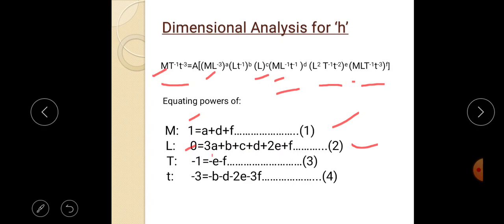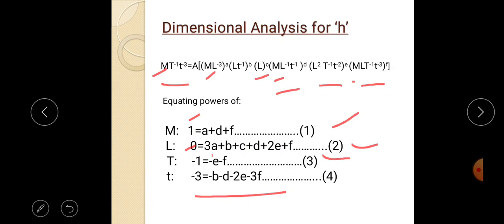Next for the temperature, in the LHS minus 1, the RHS minus e minus f. So the third equation is of the powers of the temperature, and the fourth one is about time.